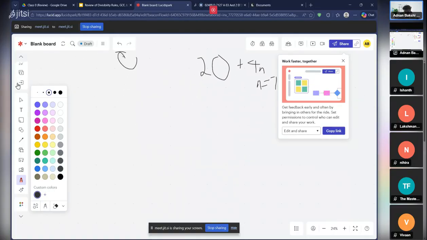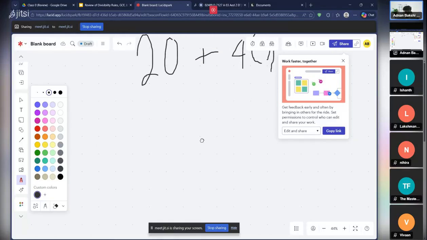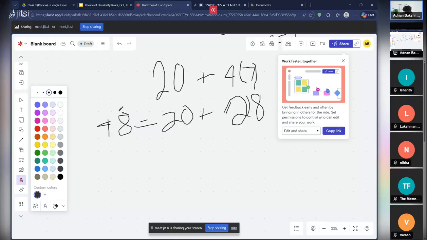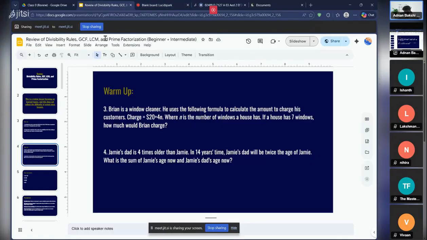Our new equation would be 20 plus 4 times 7, because it would be $4 for each window. Then we first do multiplication, so that'd be 28. And the answer would just be 20 plus 28, which is 48. The answer for number 3 is $48.